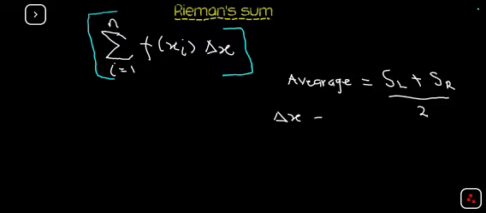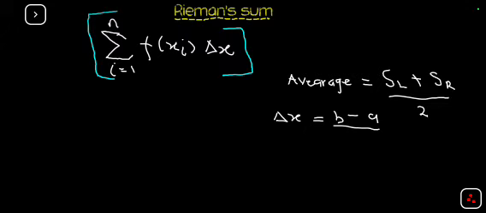This is the formula. You note from the figure in the previous page the two extremes that we have, A and B. So it's the difference between the upper extreme, B, or in integration called the upper limit, minus the lower limit, which is the lower extreme, A, divided by the number of rectangles.